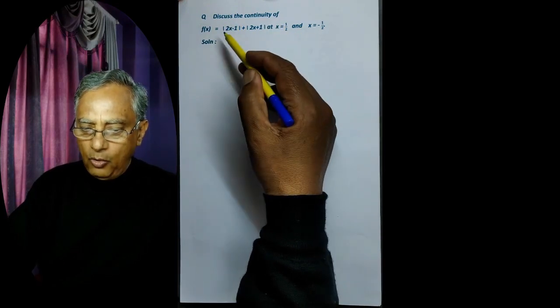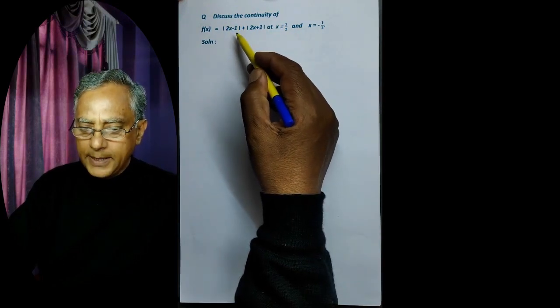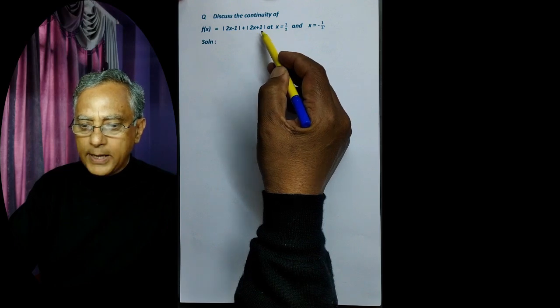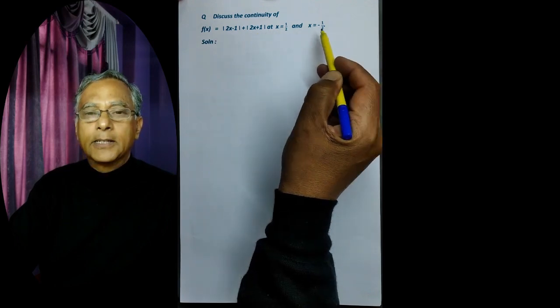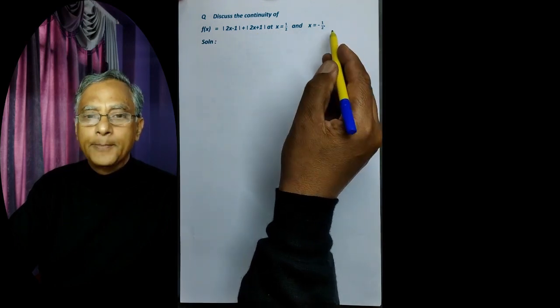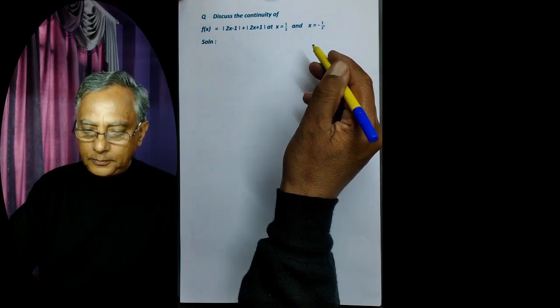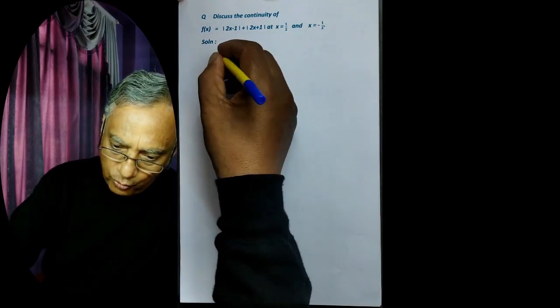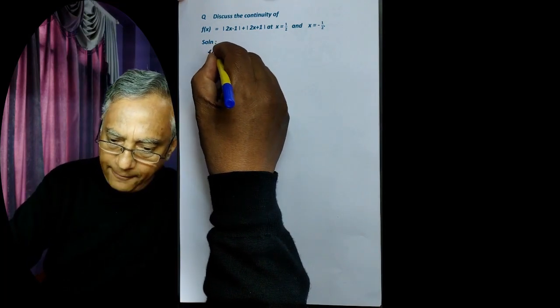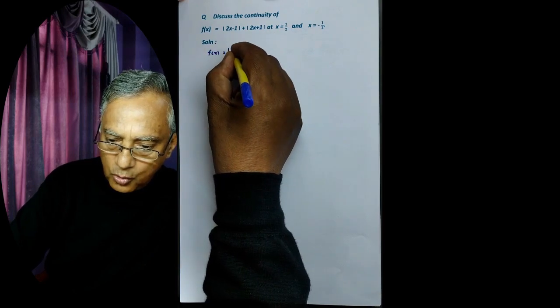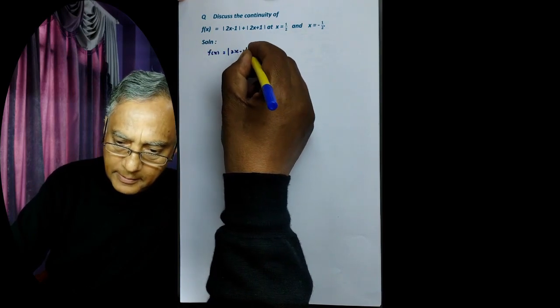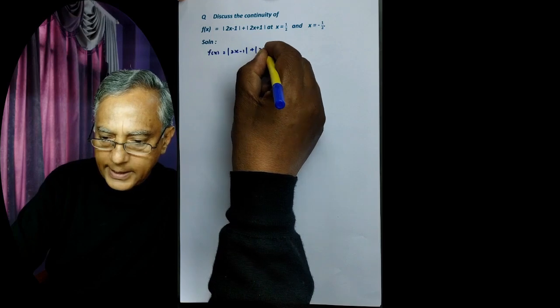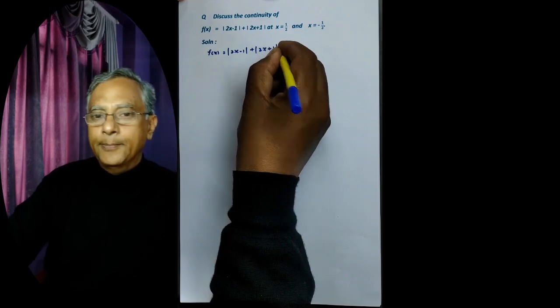Discuss the continuity of f(x) is equal to |2x minus 1| plus |2x plus 1| at x equal to half and x equal to minus half. So we are given the function f(x) is equal to |2x minus 1| plus |2x plus 1|.